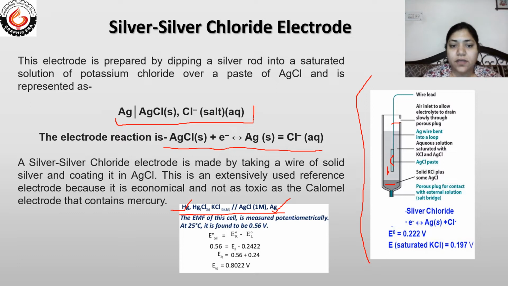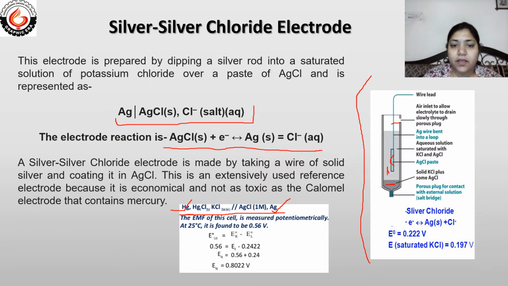Now the EMF of this complete cell can be measured potentiometrically, and it was found to be 0.56 volt at 25 degrees centigrade. Because we know the value of the calomel electrode and the value of the complete cell, we can determine the value of the silver chloride electrode.